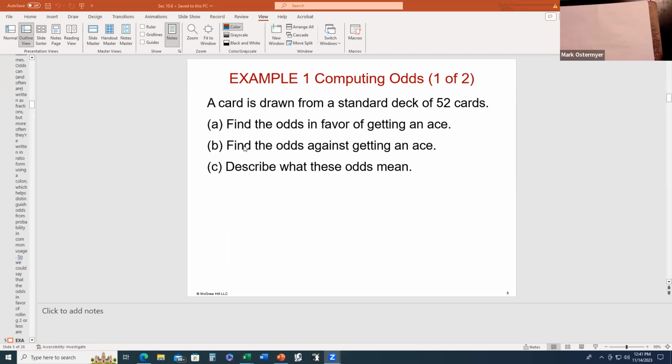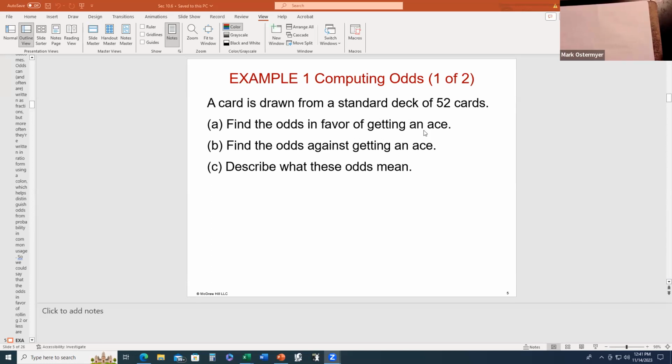All right, here's an example. A card is drawn from a standard deck of 52 cards. What would be the odds in favor of getting an ace? In other words, what are the odds of pulling out an ace out of a randomized deck of cards? Well, how many favorable outcomes yield an ace?